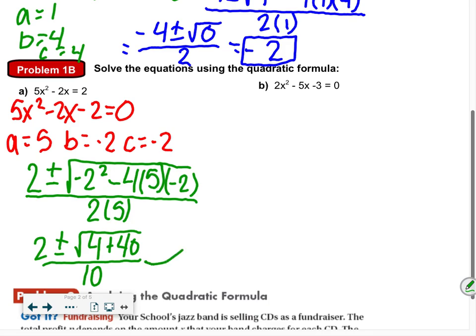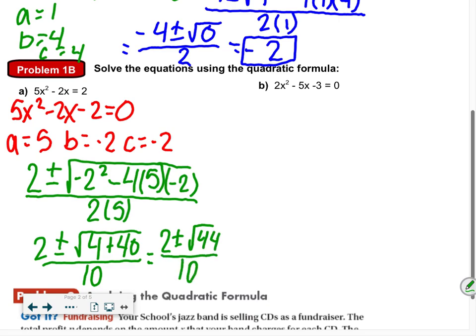So 40 plus 4 gives me 44. So 2 plus or minus the square root of 44 divided by 10.